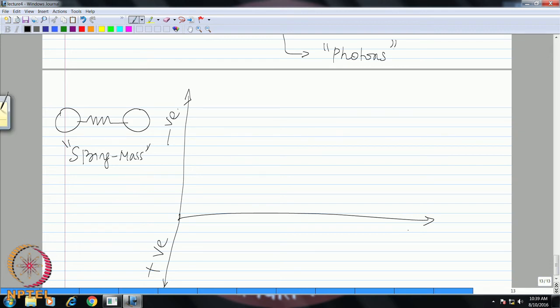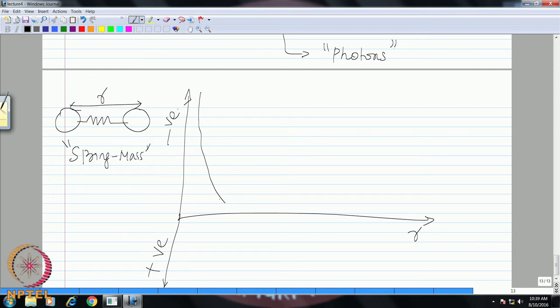When you are plotting this as a function of the spacing between the atoms, when the spacing is extremely small, you have a very strong repulsion. As the separation between the two atoms increases, you will find that somewhere they are stable and just standing there.